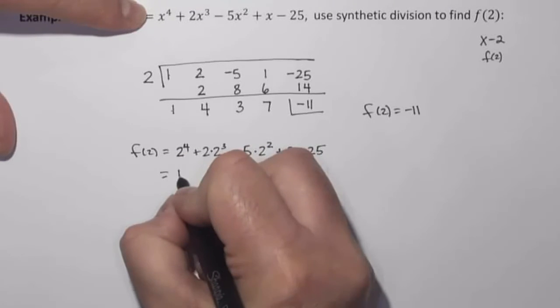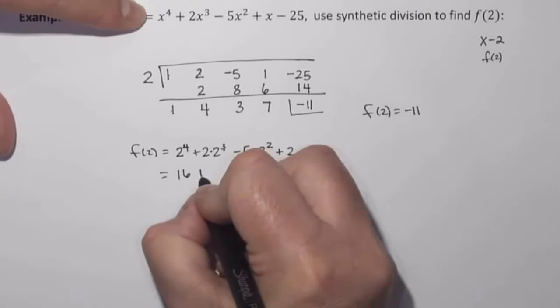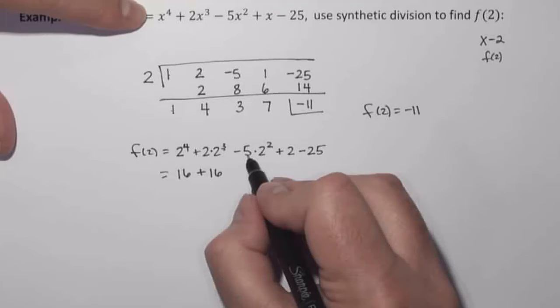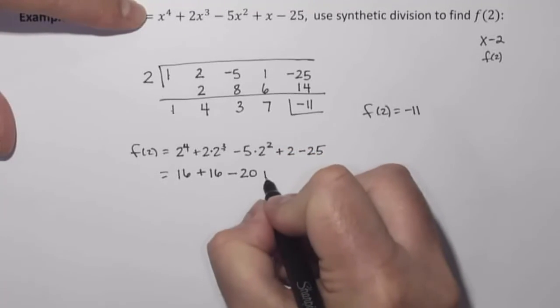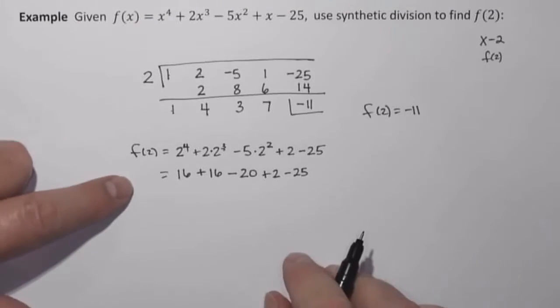Now 2 to the fourth power is 16. 2 cubed is 8 times 2 is 16 again. 2 squared is 4 times 5 is 20, and it's minus. And then we have plus 2 and minus 25.